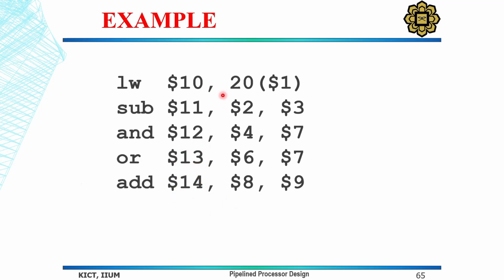No other instruction uses these register numbers, so these are all independent of each other. In this example we will see the different pipeline timing diagrams, track how the data is being passed, and see how these instructions work in the pipeline.